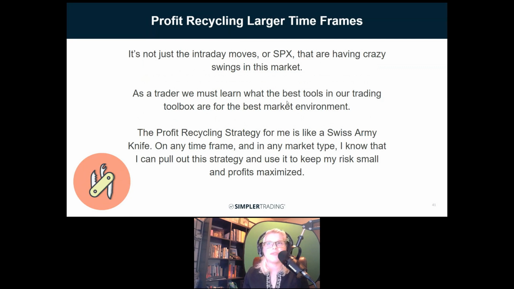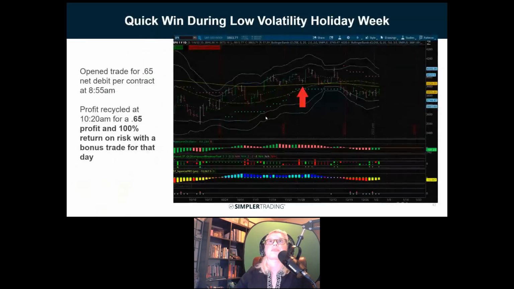On any time frame and in any market type, I know I can pull this strategy out and use it and keep my risks small while keeping my profits maximized, right? And that's the fun thing about this strategy, finding all the different ways I can adapt it for whatever the current market type is showing me, just like I did for this past year.